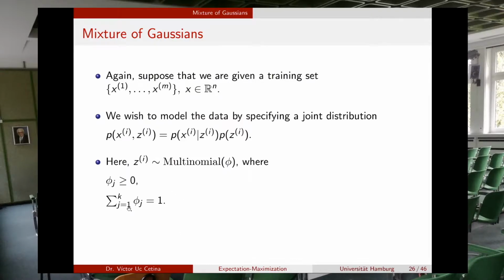So j is an index over each of these parameters phi, and k is the number of, let's say, possible groups that exist in this data set, like the number of clusters. So for every example you will have a probability, which could be 0 or higher than 0, to belong to a certain extent to some cluster j.